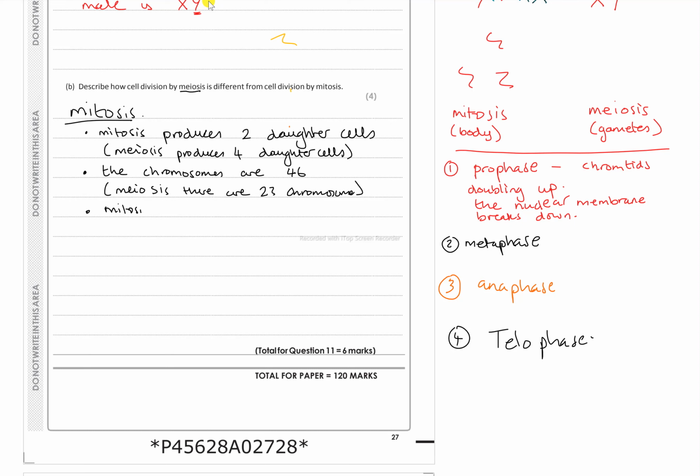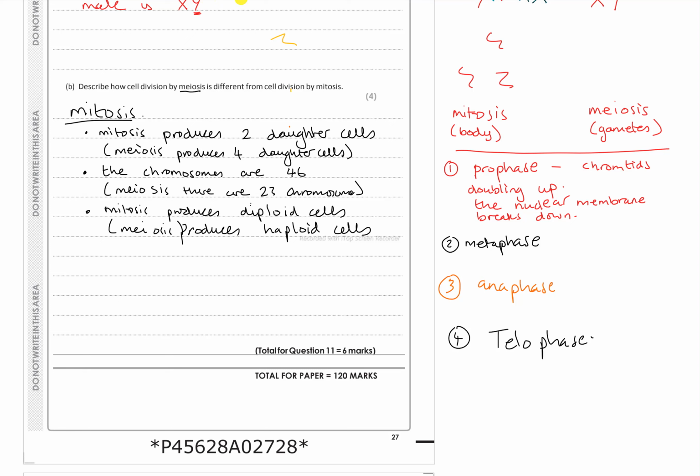Mitosis produces diploid cells, and meiosis produces haploid cells.